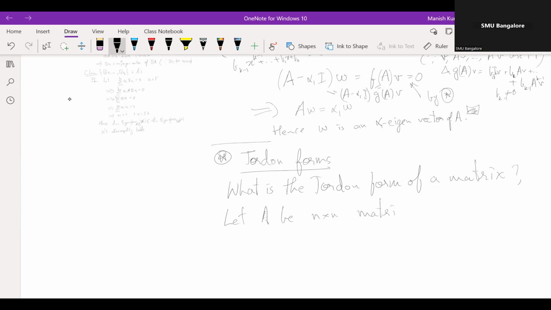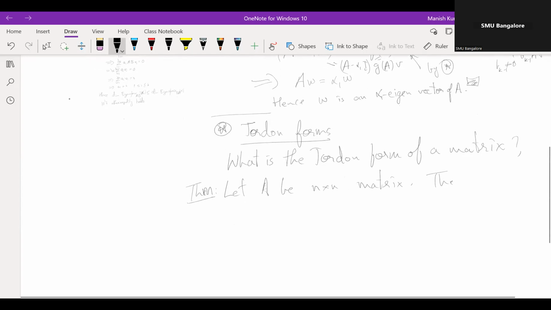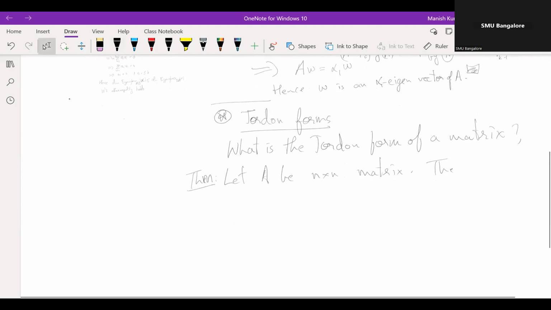You can think of this as a theorem, whose proof we will give in a bit. Or maybe, what time is it? 12:16. So maybe not the complete proof. I'll start the proof because I don't want to go too far. So let A be an n cross n matrix.